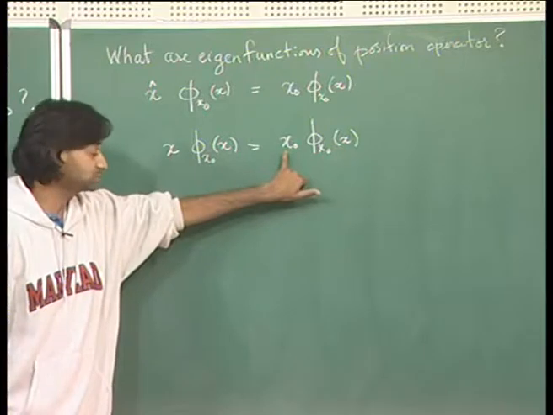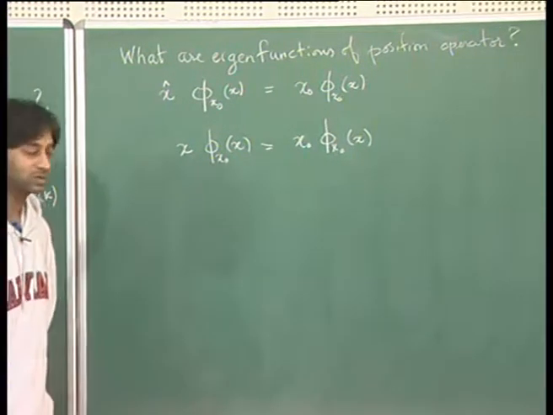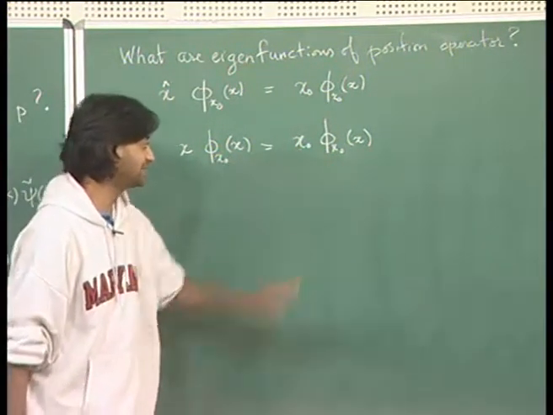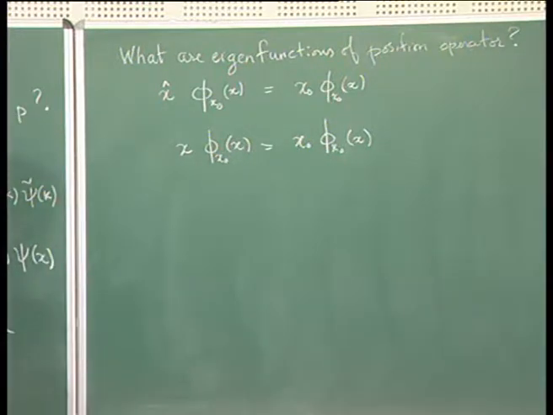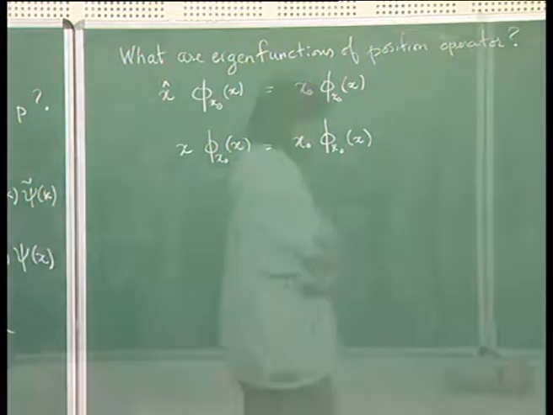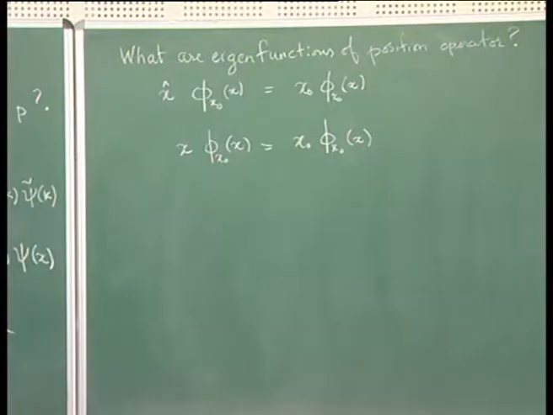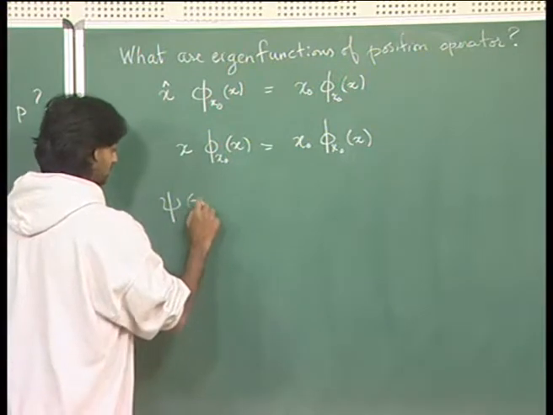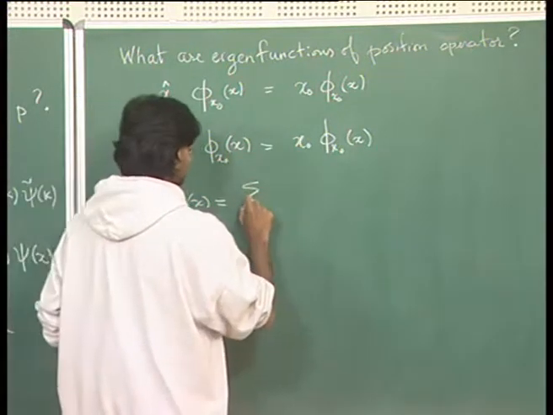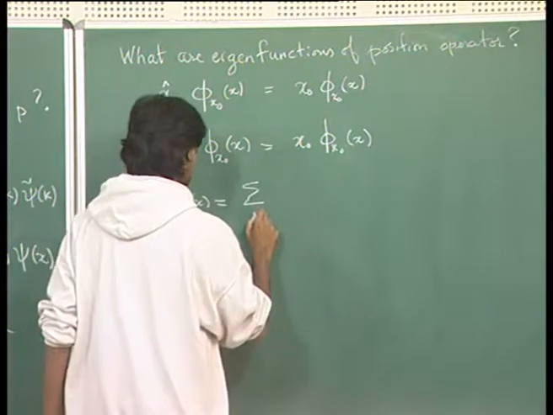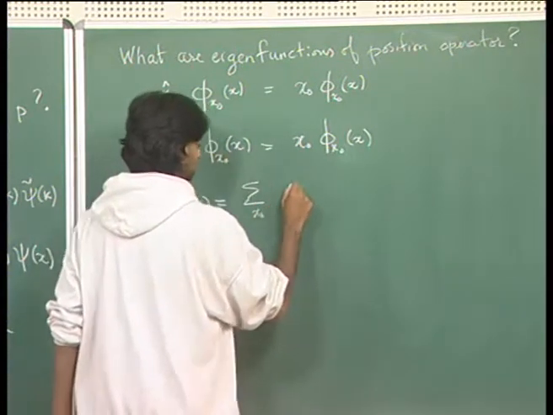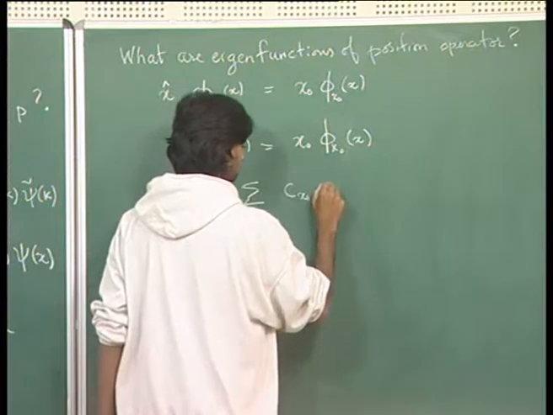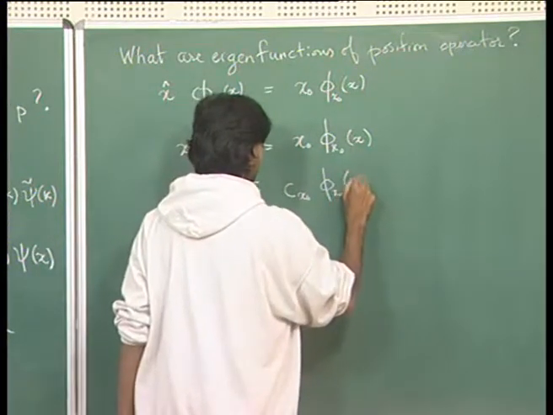Okay. So, the probability of getting x0 is related to the coefficient of phi x0 squared. Now, we have to find out what phi x0 is, and we can do it the following way. We say psi of x is equal to the sum over x0 of c x0 phi x0 of x.